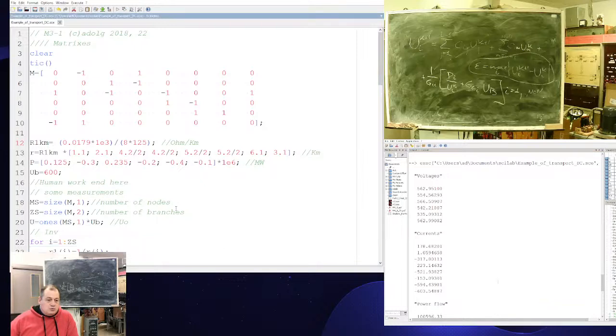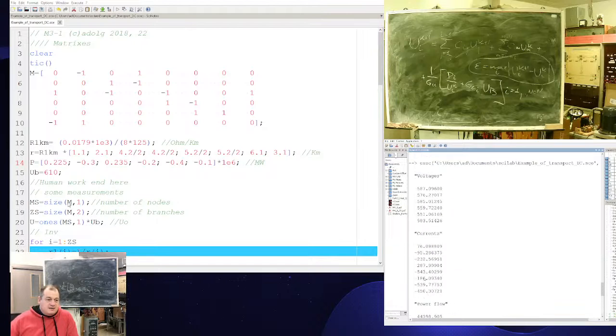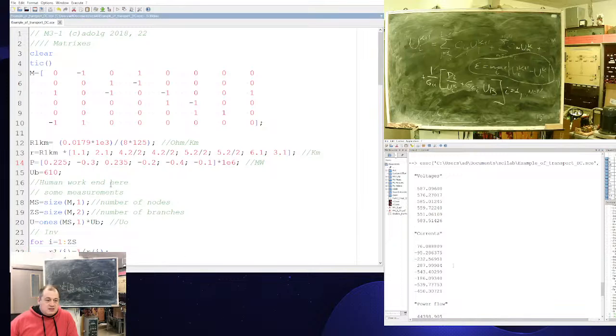What can I do? I can also raise the base and put more power here. 93. Voltages are good, but still need more. Okay, dear boss, let's invest more.